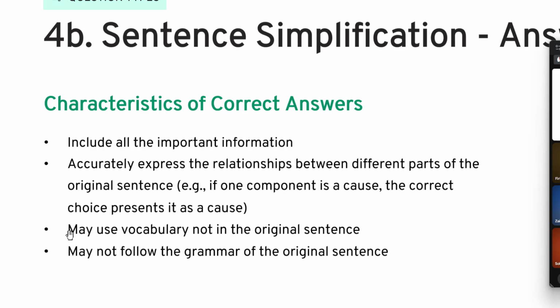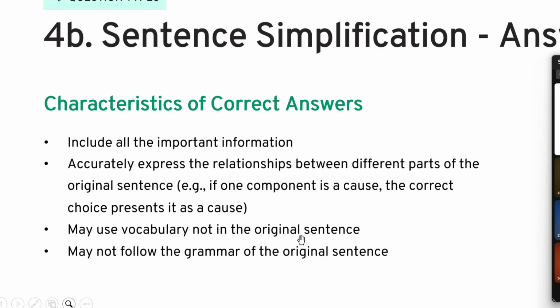They're the same. Third, when we have sentence simplification, it may use vocabulary not in the original sentence. So it's a common and clear characteristic of paraphrasing. Anytime we have paraphrasing, it uses different vocabulary, different word choice, in order to convey the same message. Or it may not follow the grammar of the original sentence.